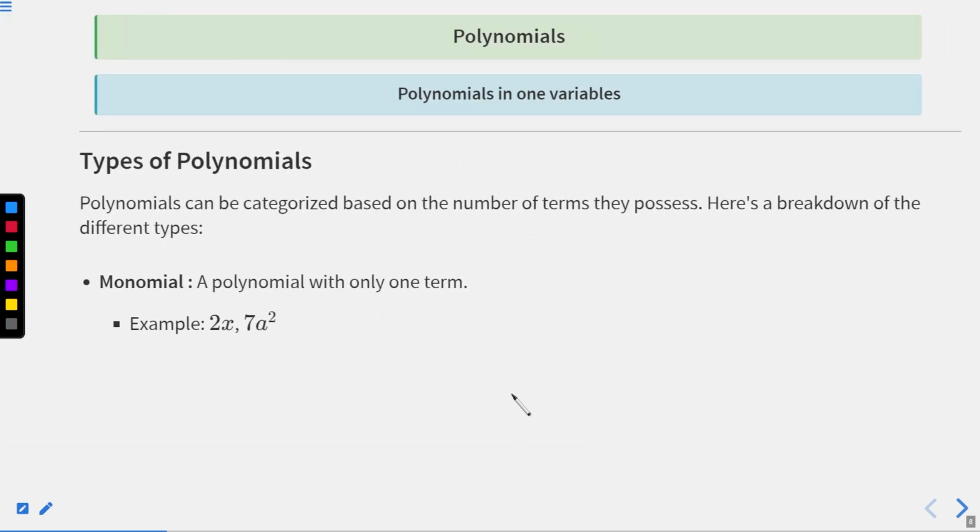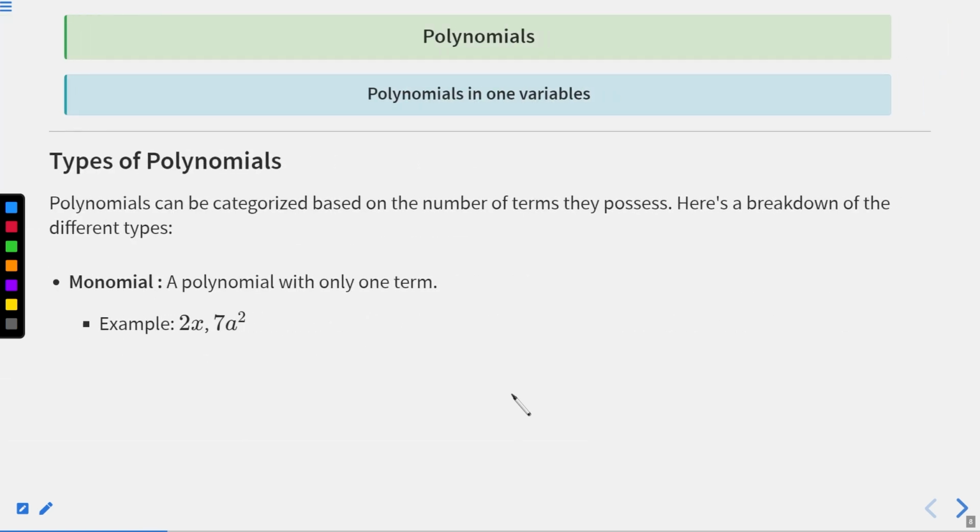Now we'll discuss types of polynomials. Polynomials can be categorized based on the number of terms they possess. Here is the breakdown of the different types. The first type is monomial. A polynomial with only one term is called a monomial. Mono means one.